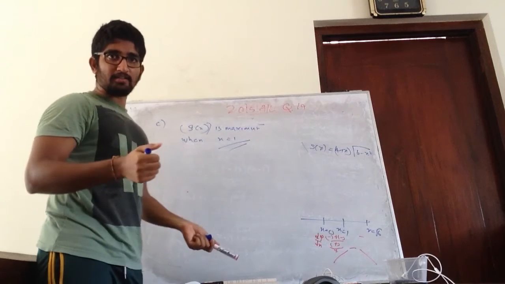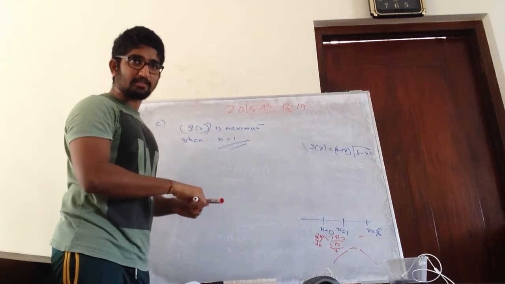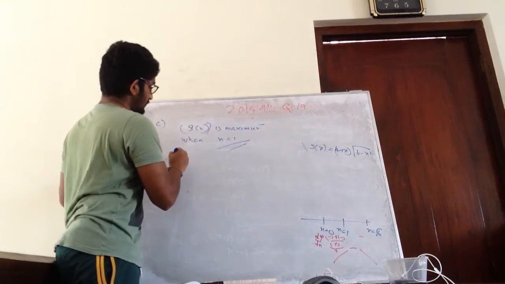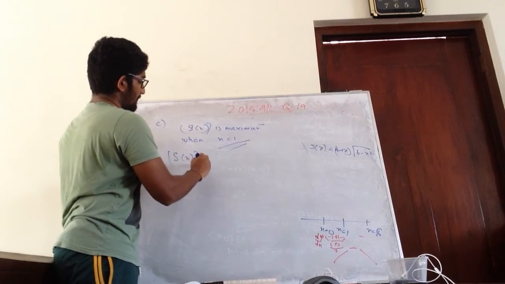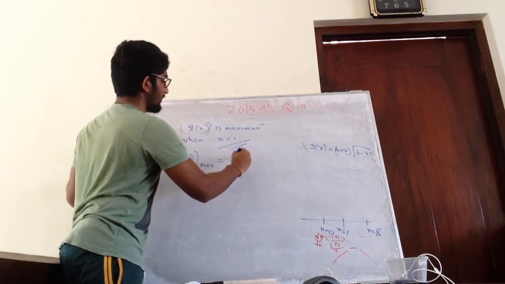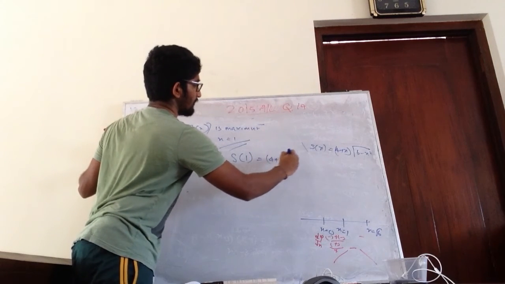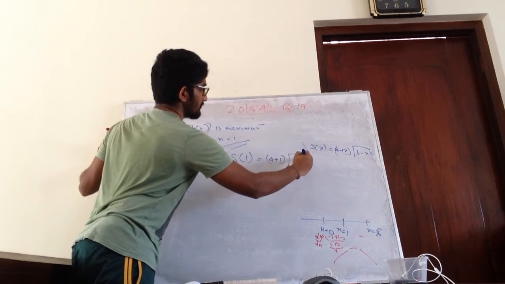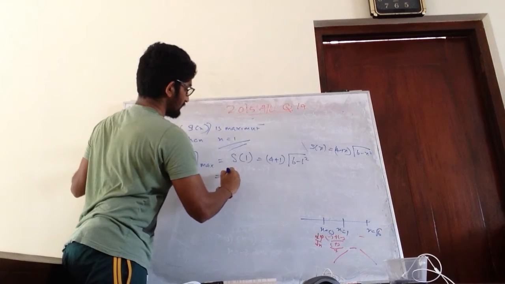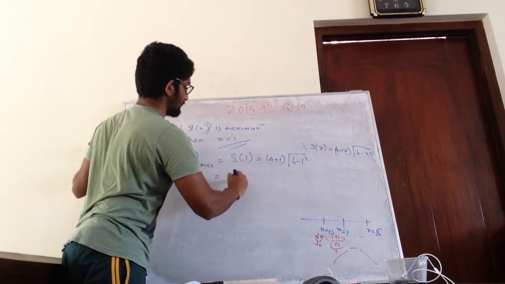So that is one of the answers. Then they are asking what is S of x maximum. So S max is equal to S of 1. That means 4 plus 1, 6 minus 1 square. That is 5 square root 5.